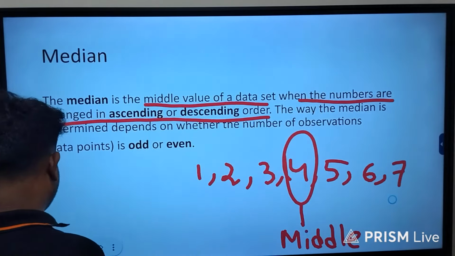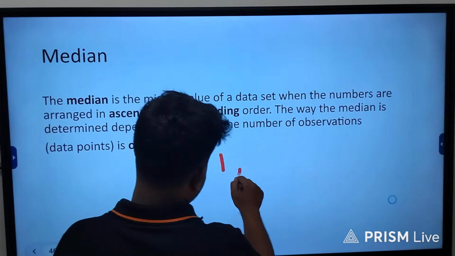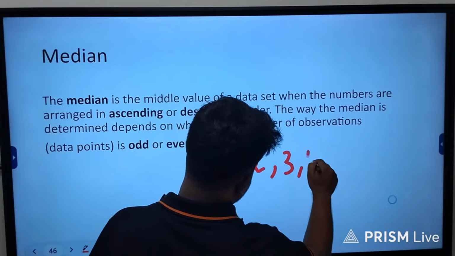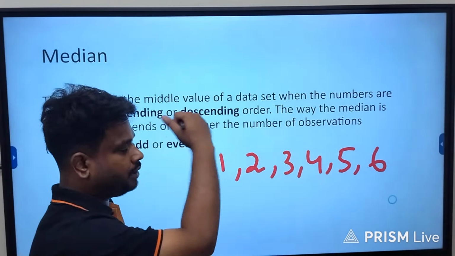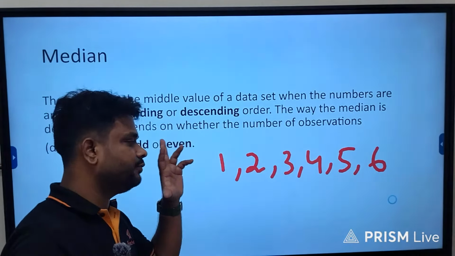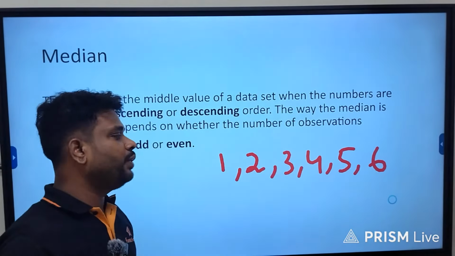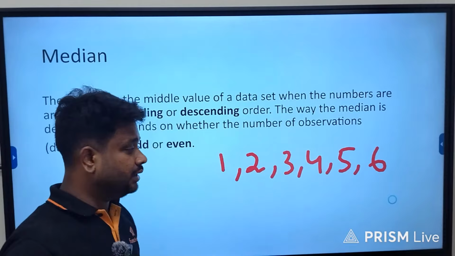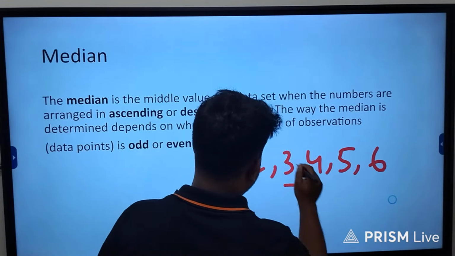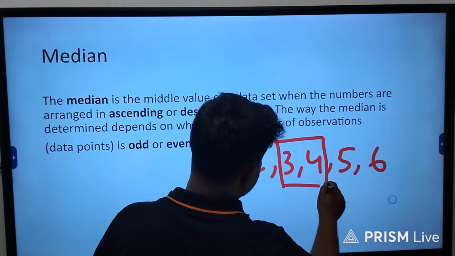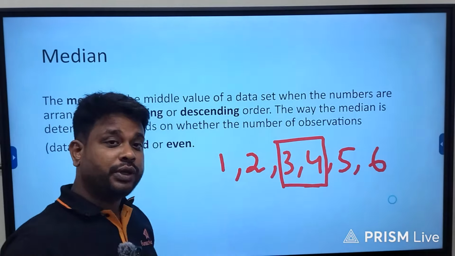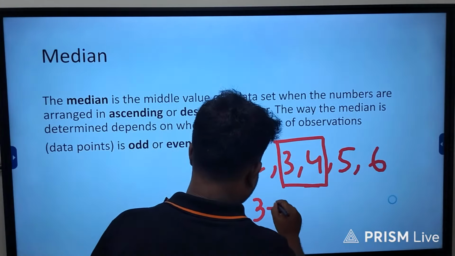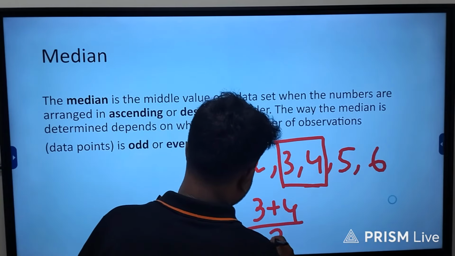But what if I write the data set ranging from 1 to 6? We don't have a single value in the middle. We have 2 values in the middle, that is 3 and 4. In this case, we add them and find their average or mean.